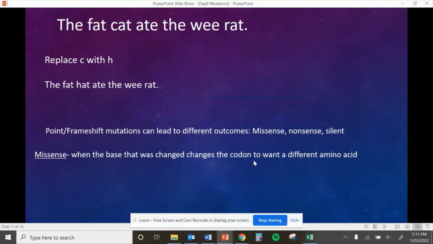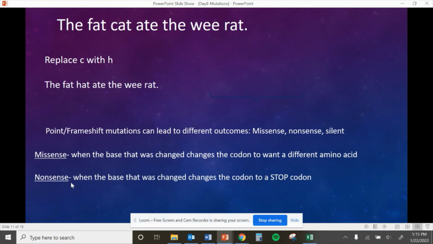Okay, so that was like this example where we changed it to be a different amino acid. A nonsense mutation, this is when we change the sequence and it turns a codon into a stop codon. So this would be like if we replaced something with a period and it just stops it early. So this would end up with a shortened version of the protein.